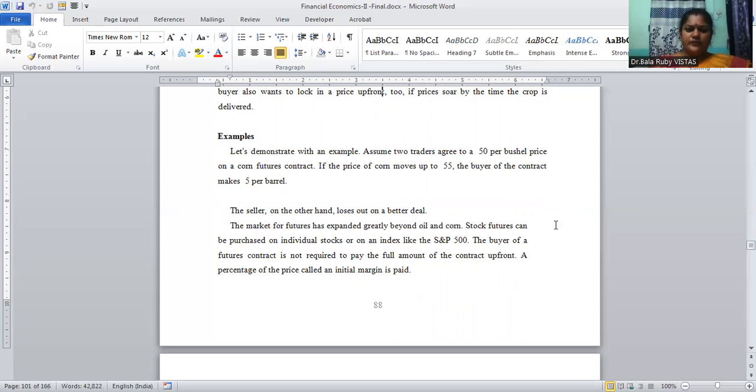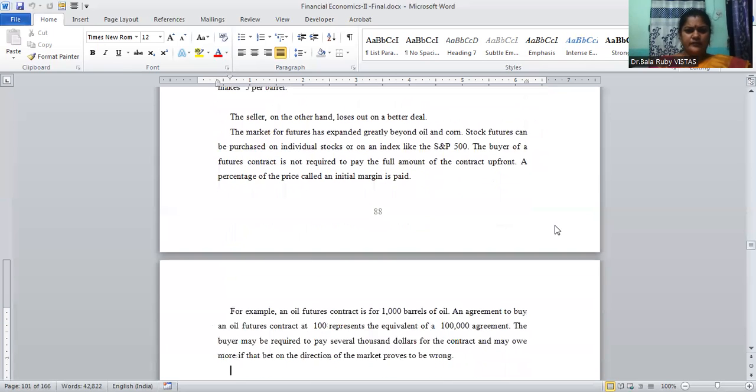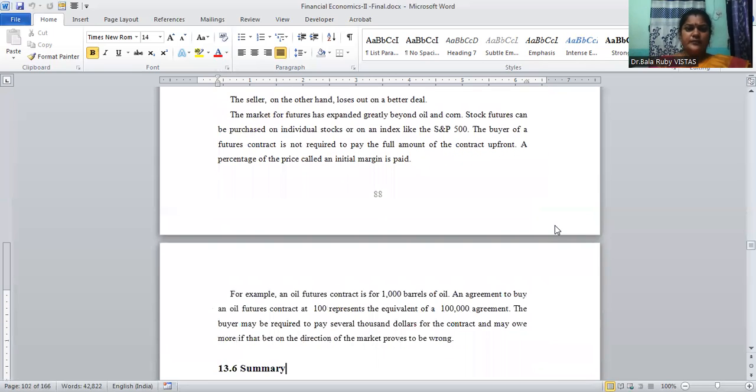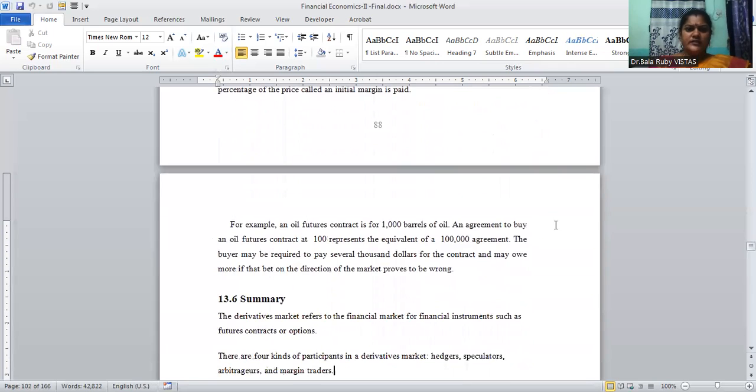The market for futures has expanded greatly beyond oil and corn. Stock futures can be purchased on individual stocks or an index, like the S&P 500. The buyer of a futures contract is not required to pay the full amount of the contract upfront. A percentage of the price, called an initial margin, is paid.